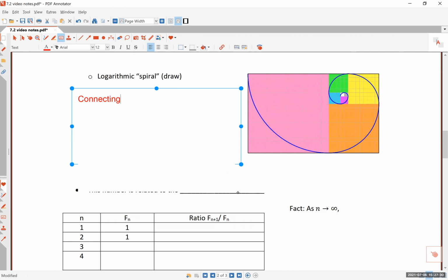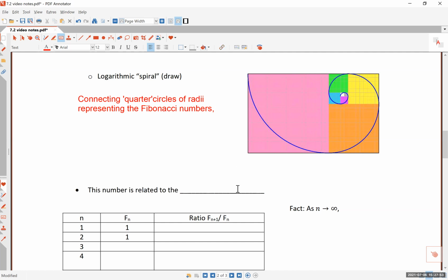I'm connecting quarter circles of radii representing the Fibonacci numbers. Let me stop here. Do you see these quarter circles here?